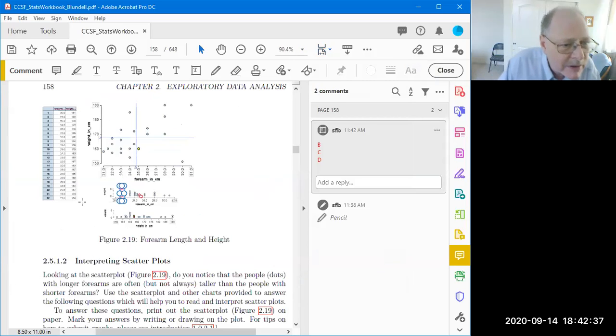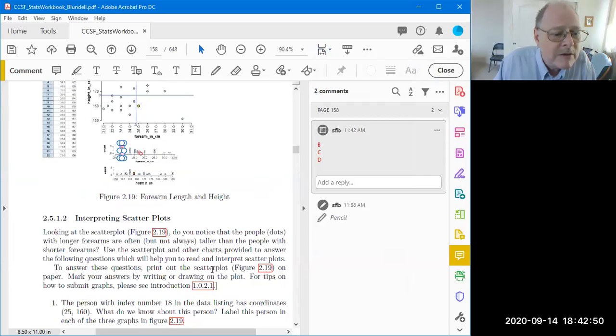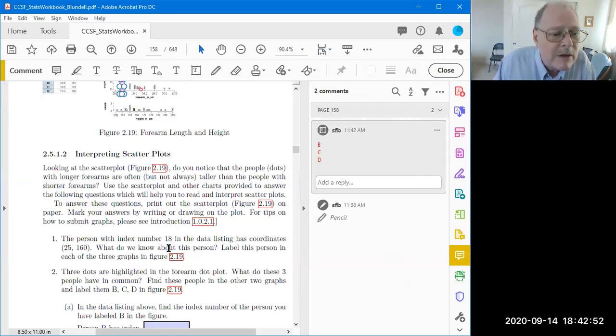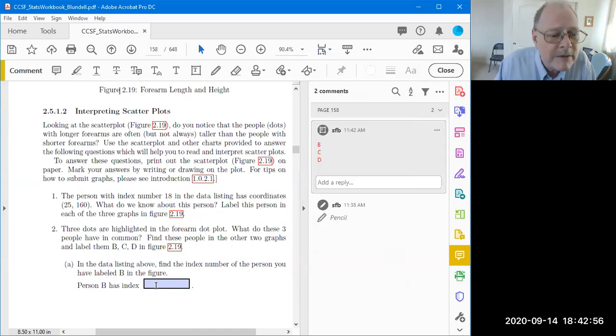Okay, so there are these guys with the 22-inch forearm. Okay.